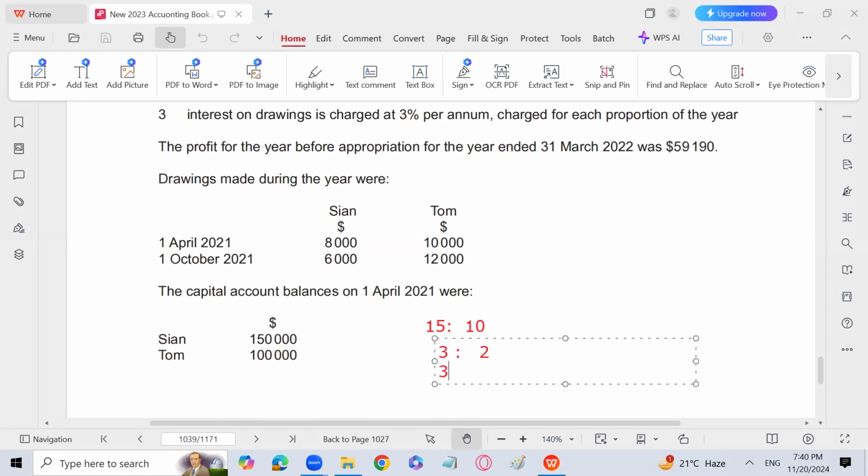You might consider it as 3/5 and 2/5. Am I right? That's it. 15:10 is going to be the capital ratio in which profit and loss is going to be shared between S and T. Let's move forward for this question.